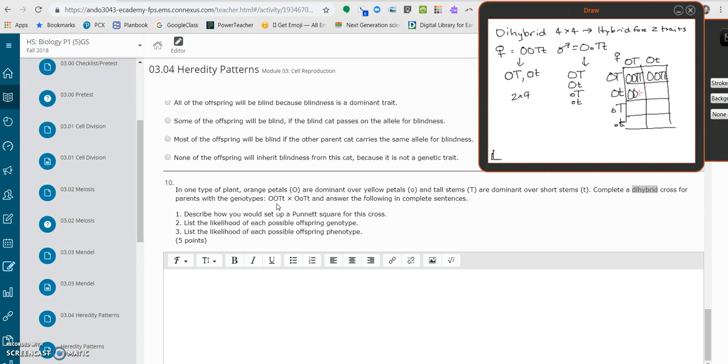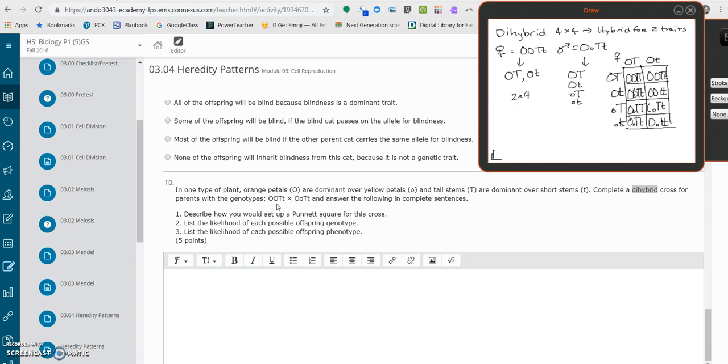I've got 2 dominants and a heterozygote. 2 dominants, homozygous recessive, heterozygote, homozygous dominant, heterozygote, heterozygote, heterozygote, homozygous recessive. All right, so those are my possible genotype outcomes.